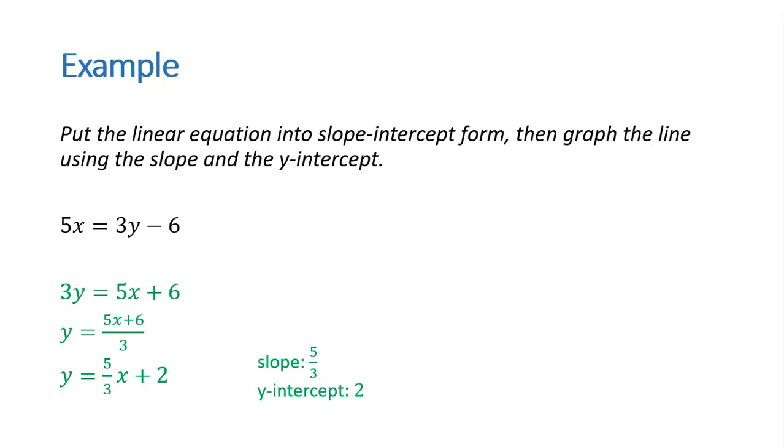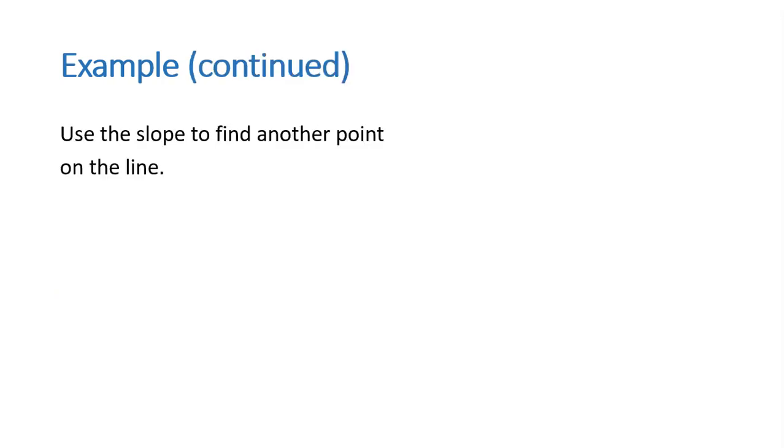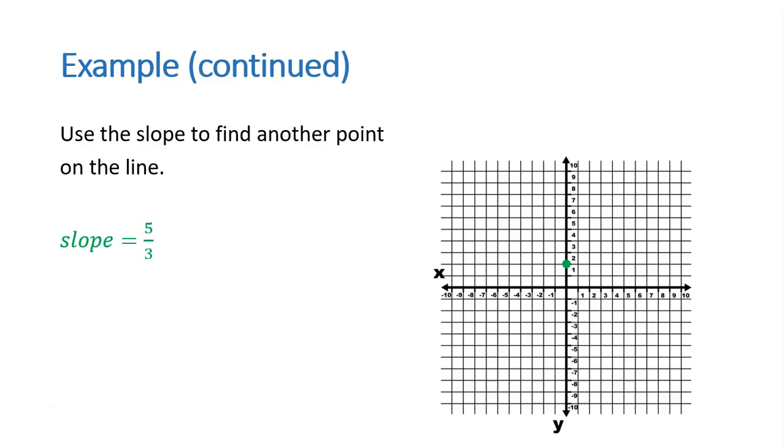So to graph, once we have a slope and y-intercept, first thing we want to graph is our y-intercept. So once we have the y-intercept, we want to use the slope to find another point on the line. Again, our slope is 5/3. We're starting at 2. So slope, again, means rise over run. It's how far we have to move vertically in relation to how far we have to move horizontally to get from one point to another on the line.